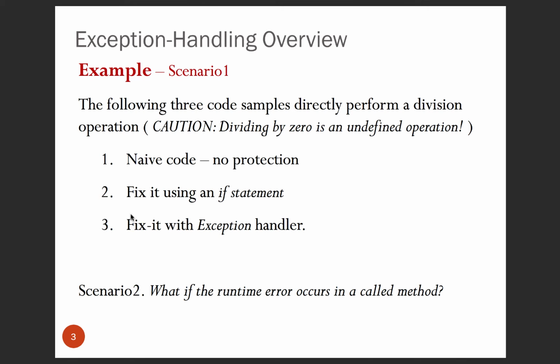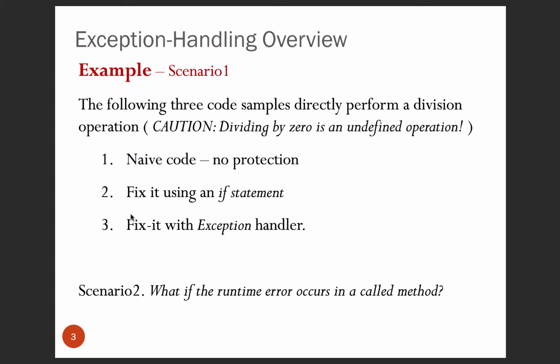Let's start with an example. Say, for example, in scenario one, you have three different codes. One is called naive code. A program dividing by zero is an undefined operation. We know that any value divided by zero gives an undefined operation. If you do that arithmetic on a terminal or in a program, it gives you errors.